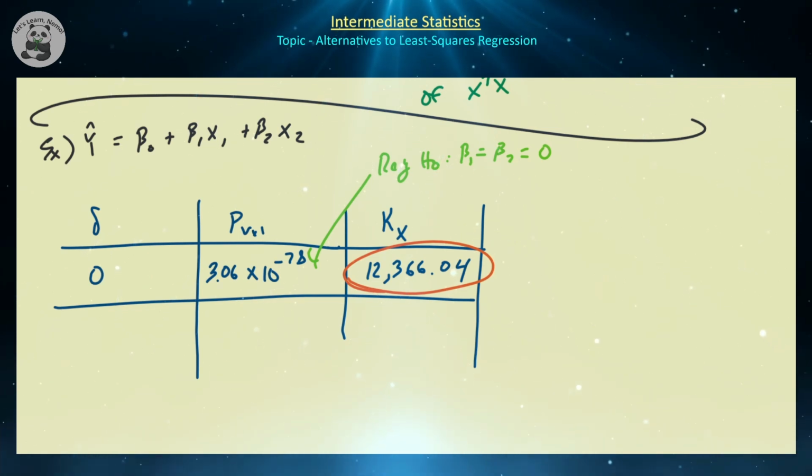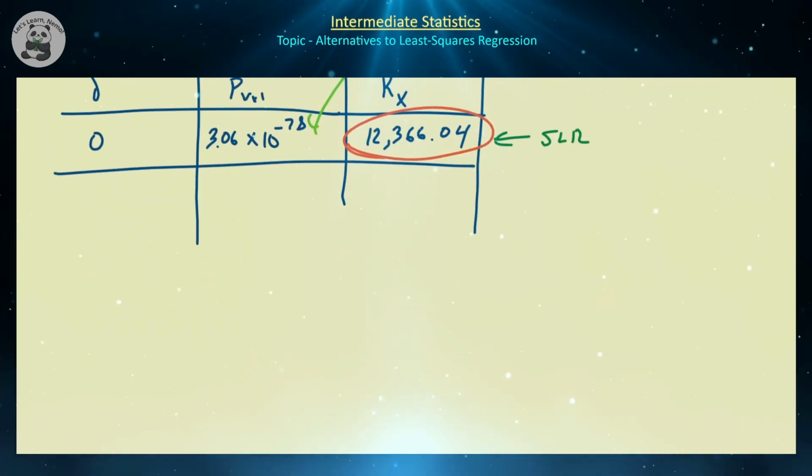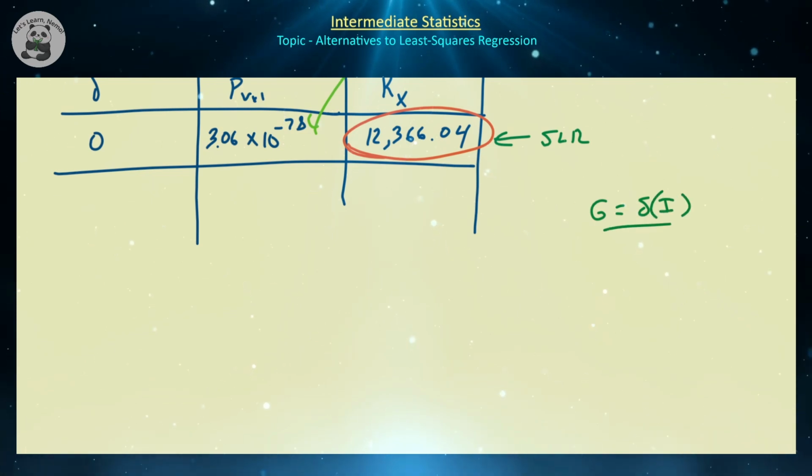So when I choose delta to be equal to 0, this is our standard ordinary least squares or simple linear regression model. So if we do a Tikhonov regularization where G is set to be equal to, for example, delta I, then we can vary this delta to be larger and larger. And if you don't know where these numbers are coming from, that's perfectly fine. These are associated to some random vectors that I just wanted to illustrate with.